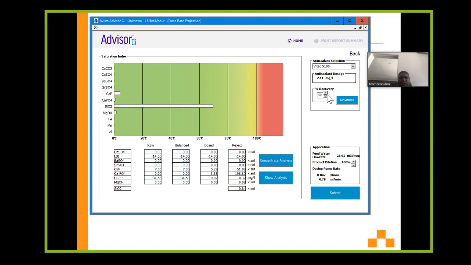Yes. And that will not allow the typical anti-scalant in the market to work out with maximum recovery rate, because if you want to achieve maximum recovery rate, you need to recycle a lot of concentrate water back. Then no other anti-scalant supplier in the market can tell you how much recovery rate you can achieve.